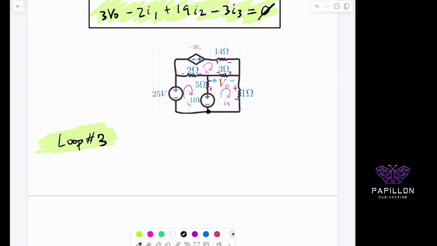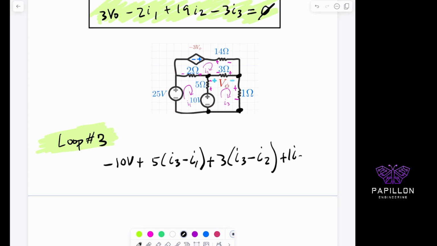I'm going to start over here, the far left corner, and I go around this on the dots that I just referenced right here on the screen. So we read as minus 10 volts, plus, I'm in loop 3, so it's going to be 5(I3 minus I1), plus 3(I3 minus I2), plus 1 I3 equals 0.